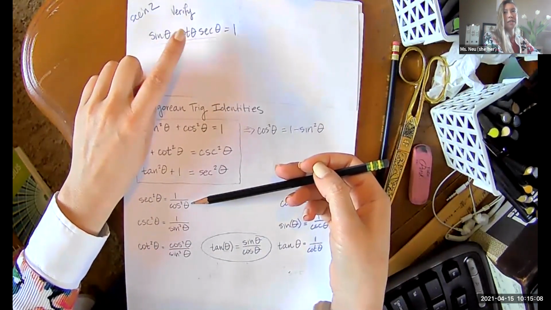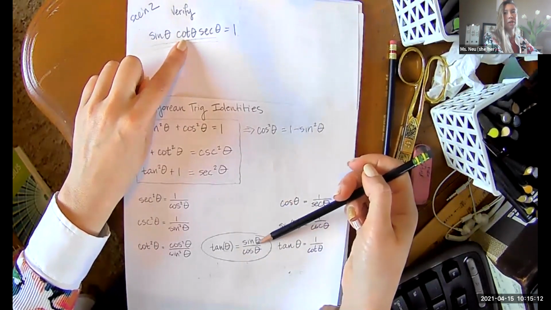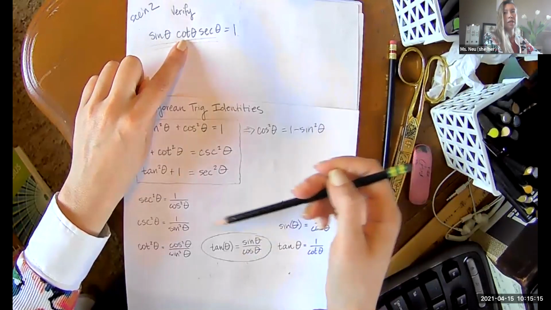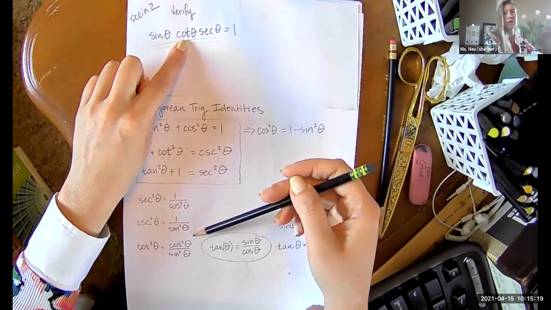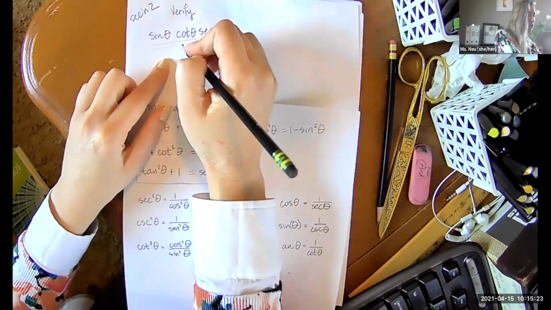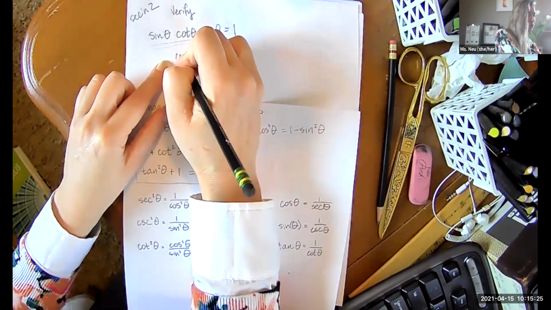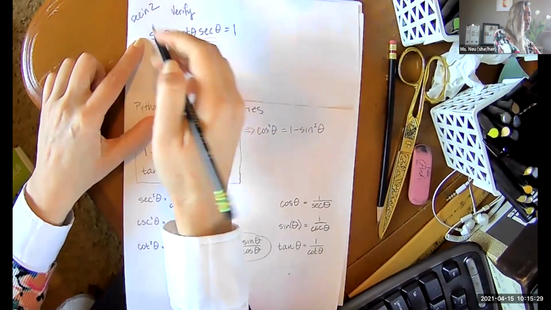I know every time I see tangent, I always think tangent involves both of them, which is really handy. So cotangent is, like we saw before, this thing flipped over, right? It's cosine over sine. So I'm going to start there. So cotangent is cosine over sine, and already I see that this sine is going to cancel.